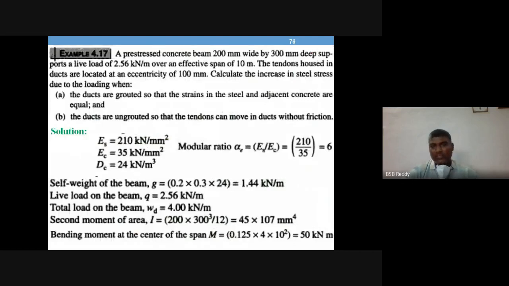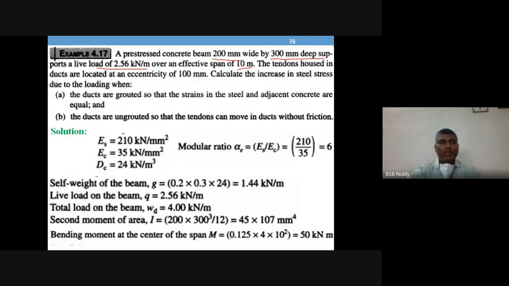So just to see an example problem with how the stresses behave when the bonded and unbonded nature is involved. A pre-stressed concrete beam 200 mm wide by 300 mm deep supports live load 2.56 kilonewton per meter over an effective span of 10 meters.